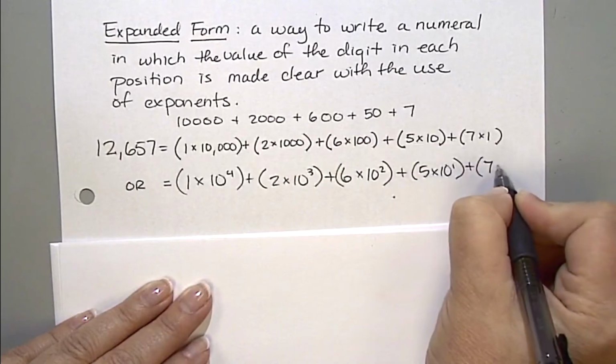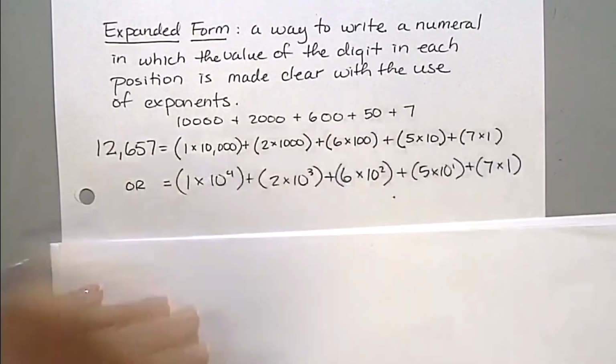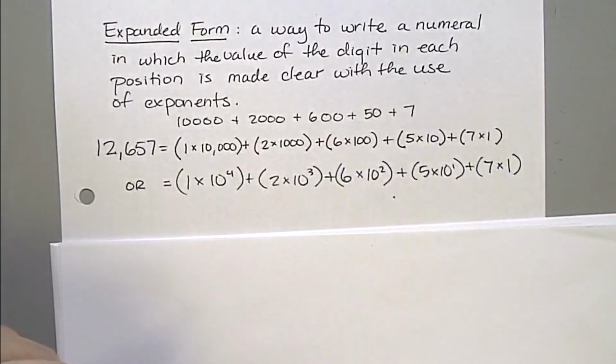And then in this book, they leave it as just a 1, 7 times 1. Technically, though, that would be 10 to the 0, right? Because what is 10 to the 0 equal to? 1. Okay, so in the textbook, they leave it as a 1, but you could have written it as 10 to the 0, and it would be in that same format. So this is how we write 12,657 in expanded form.